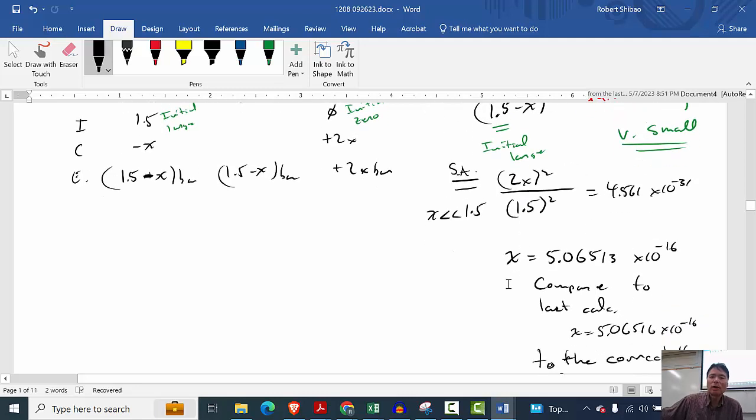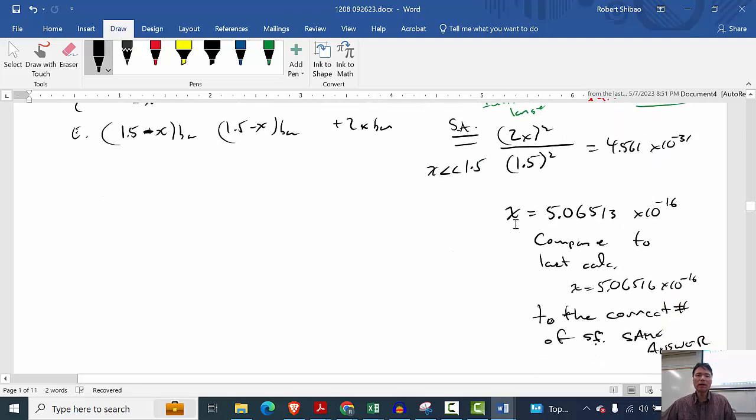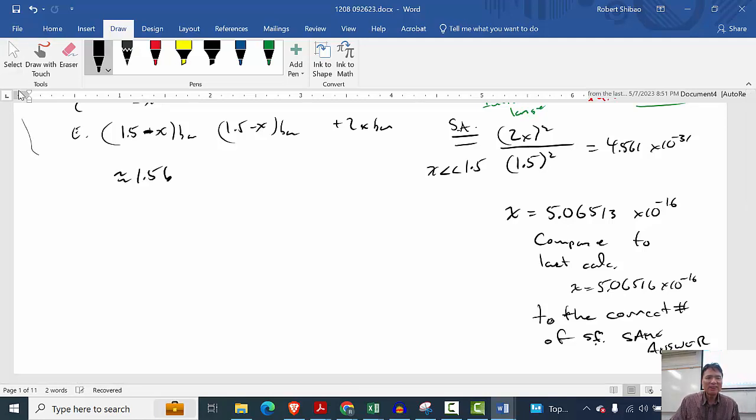So it worked exceptionally well here. And when we calculate this, this is going to come out to 1.5 bar. And this is going to come out to 5.06513 times 10 to the negative 16 times 2.